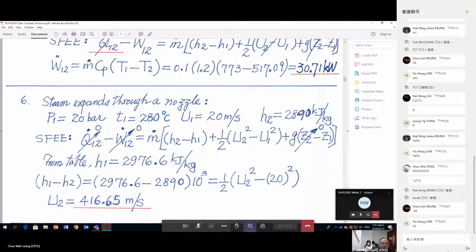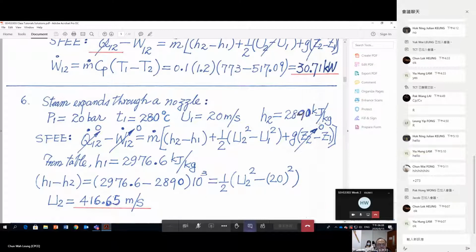And I work it out, this 2976.6. 根據頭先條 formula 計出嚟咧，就係2976.6啦。H2 that is directly given to you is 2.89 megajoule, so it gives you 2890 kilojoule.